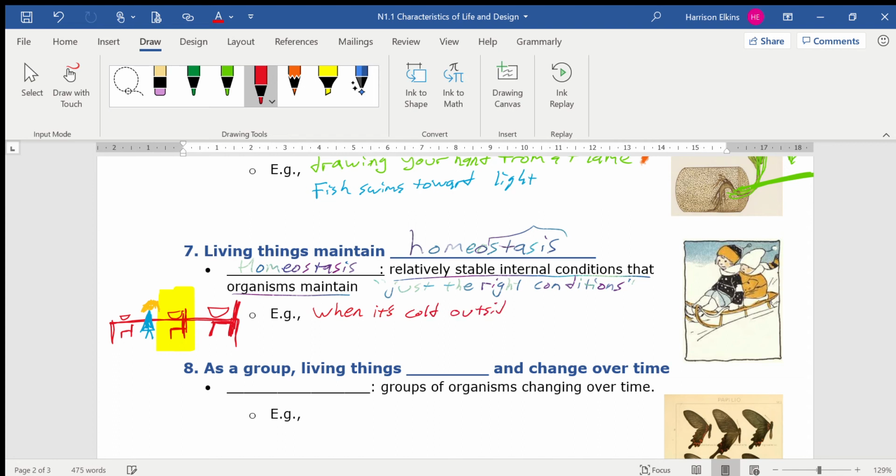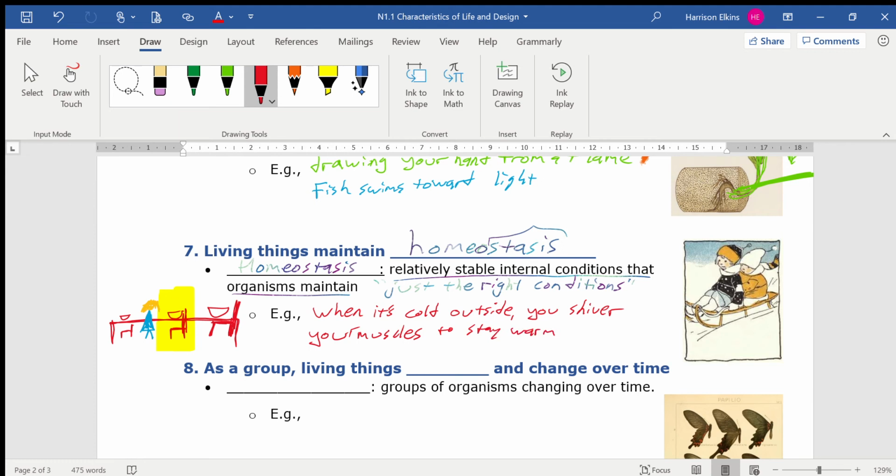Well, you're probably shivering, right? Your teeth are chattering. You're shivering. Why do you shiver? Well, all that movement of your muscles creates warmth. And that warmth is going to keep you warm. And so it keeps your temperature at the right temperature. You shiver your muscles to stay warm.